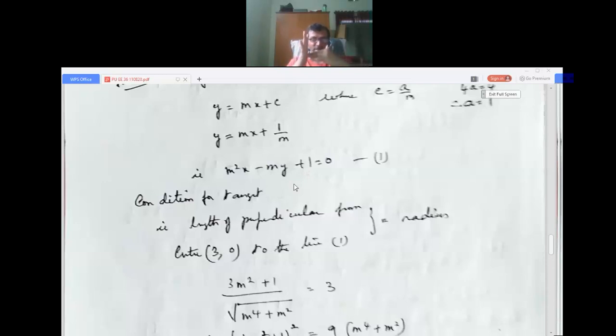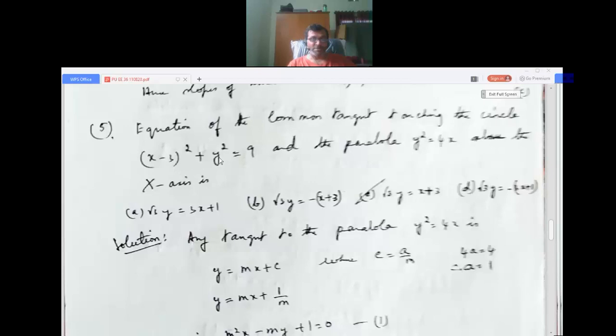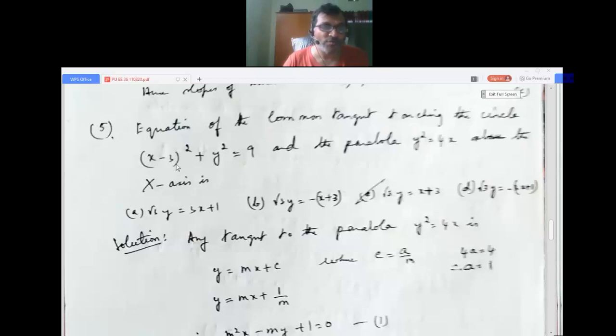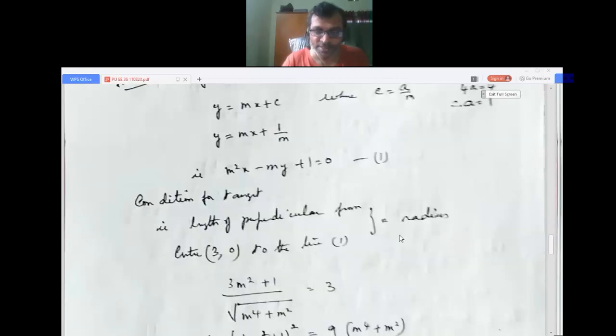Many times I told: the condition for the tangent to the circle is that the length of the perpendicular from the center of the circle, here x minus h whole squared plus y minus k whole squared, so center 3 comma 0, to the line should be equal to the radius of the circle. The radius is square root of g squared plus f squared minus c, here x minus h whole squared plus y minus k whole squared equals r squared, r squared is 9, so r is 3.